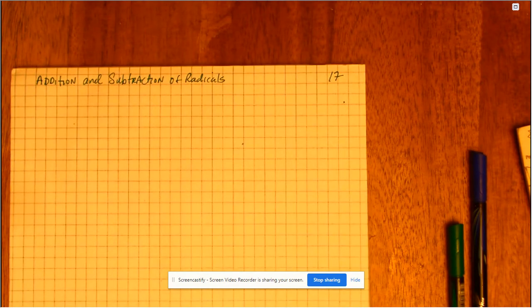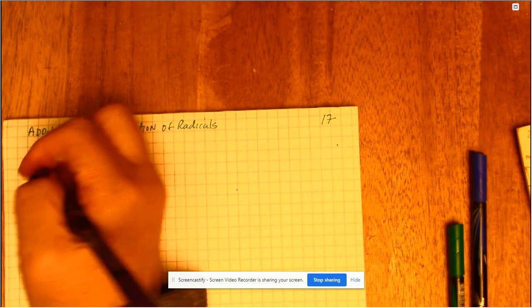So the second thing we're going to talk about today, so go ahead and turn the page, is addition and subtraction of radicals. You might want to enter that in your TOC on page 17. Okay, we're going to draw a table to help us out.